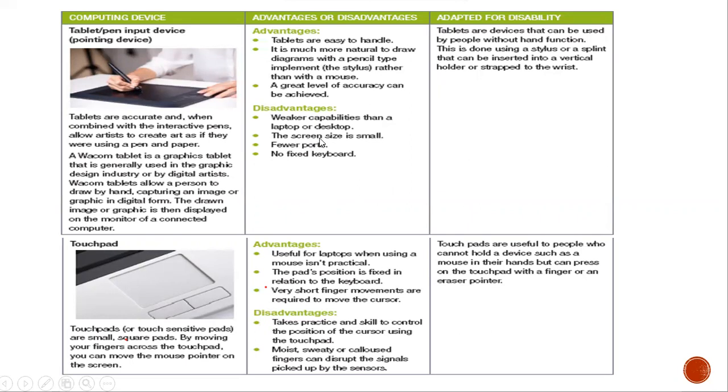So it's restrictive and the number of ports are less. And tablets are devices that can be used by people without hand function. This is done using a stylus or a splint that can be inserted into the vertical holder or strapped to the wrist, so you can use the wrist movements.